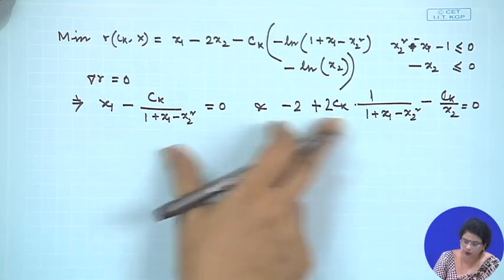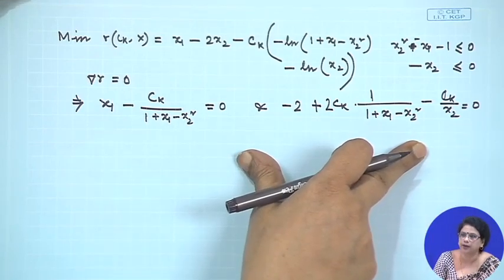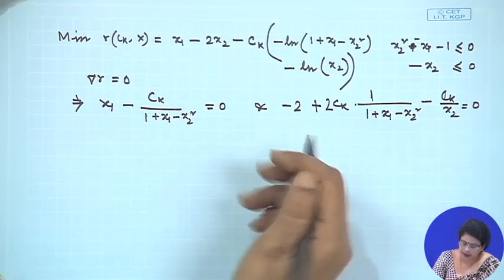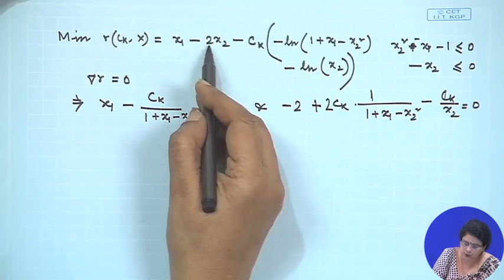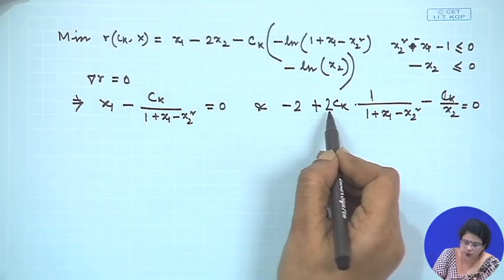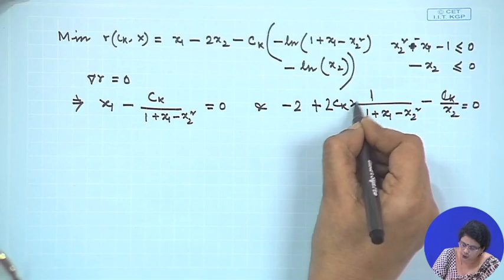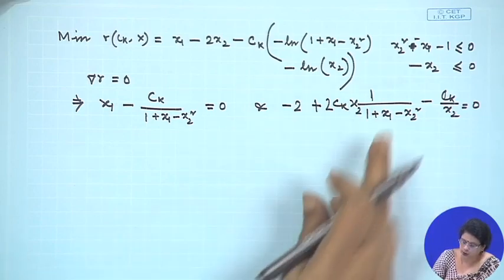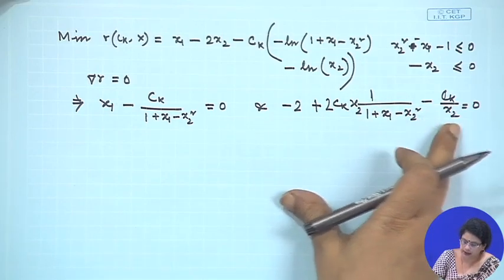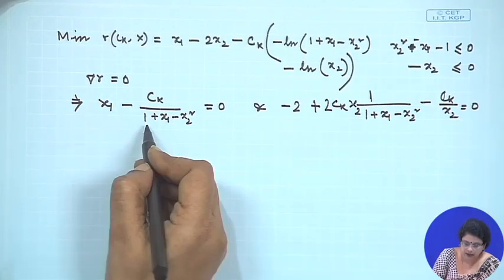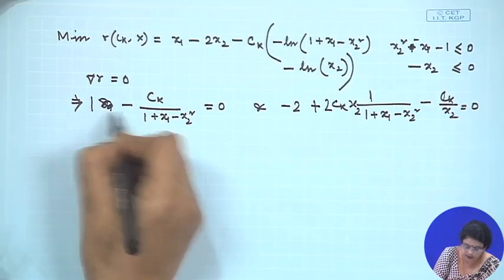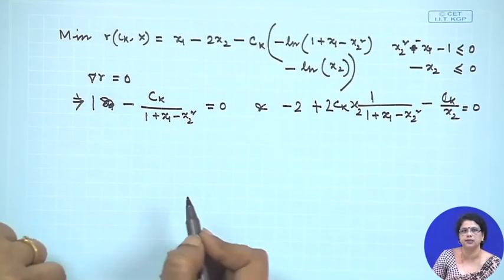We have two conditions together. This is not x1, this is 1 minus this one.